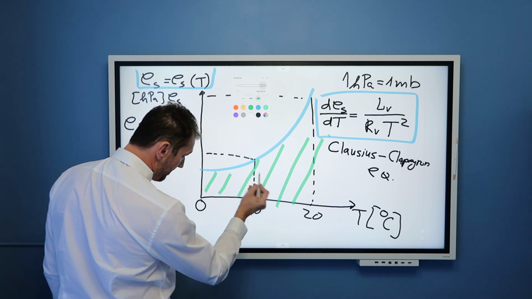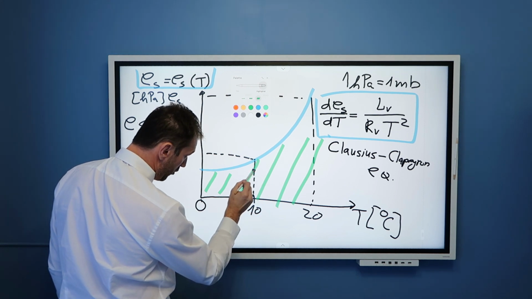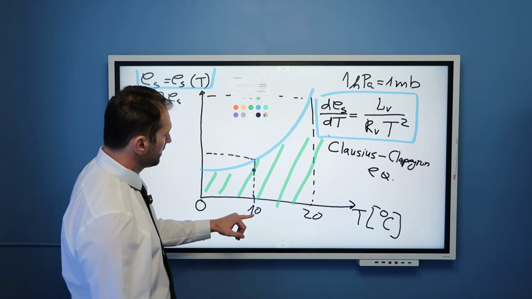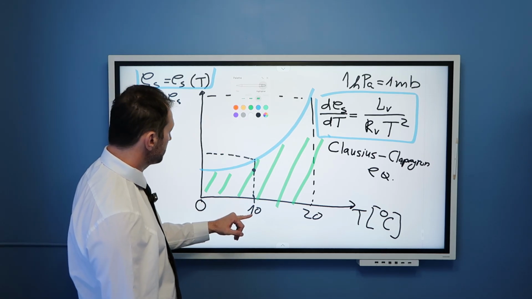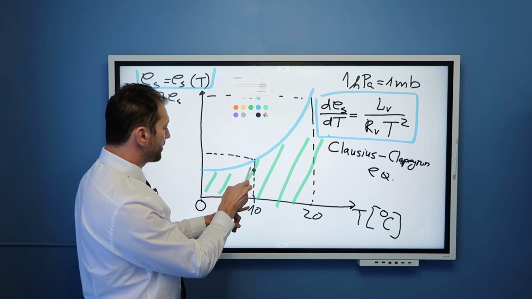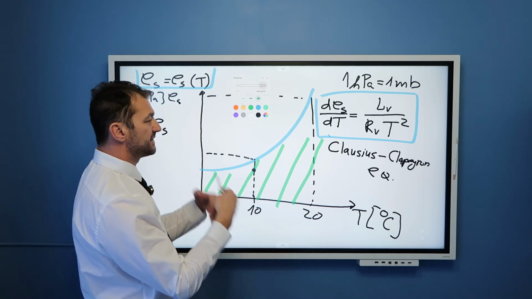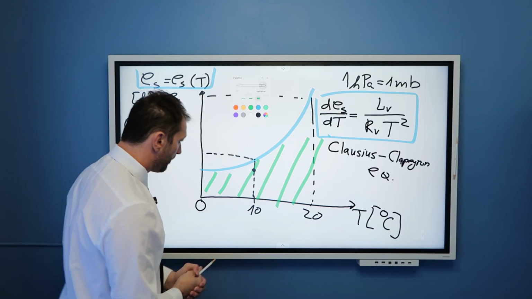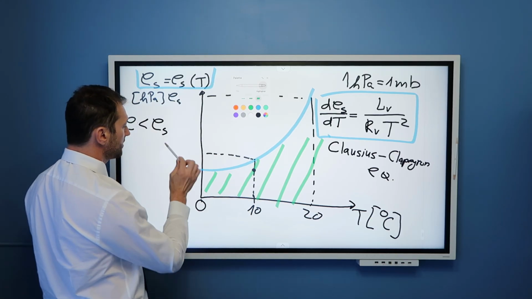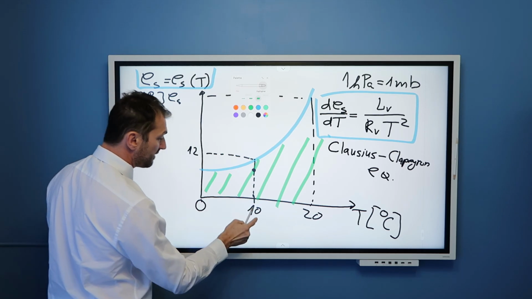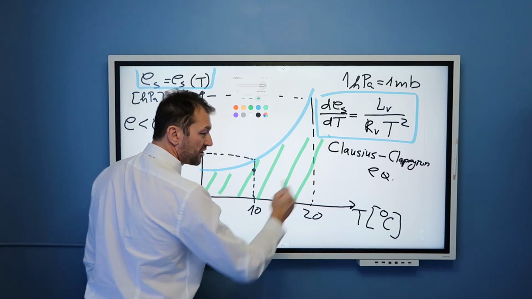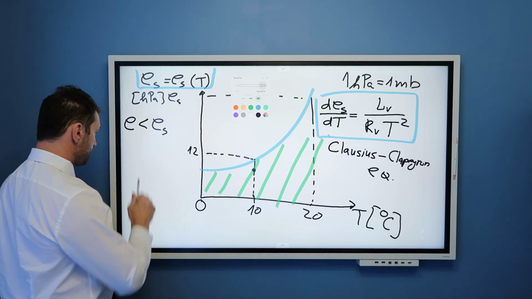Because if I am over here, notice, for example, temperature is 10 degrees Celsius and partial pressure of water vapor is 6 hectopascals, well, that is below 12 hectopascals, which is the saturation value at 10 degrees Celsius. So we are unsaturated or below saturation.